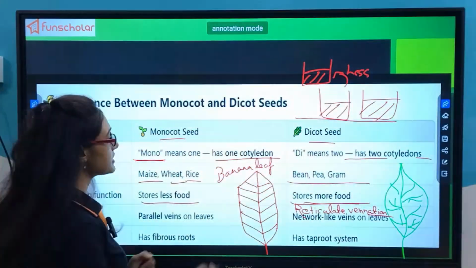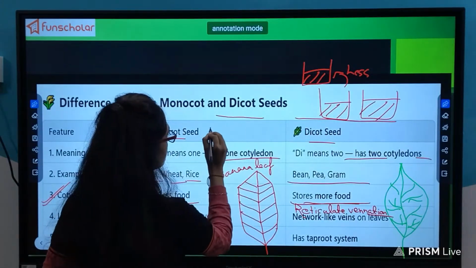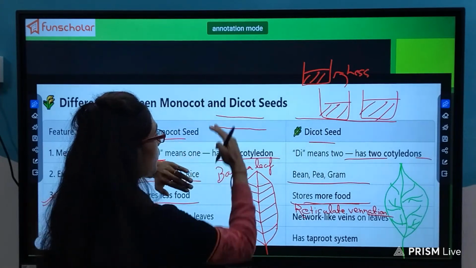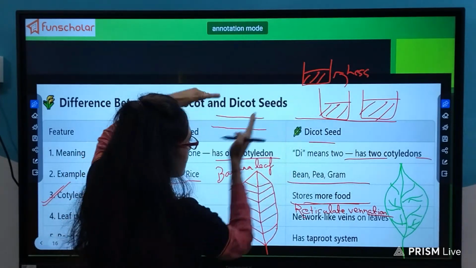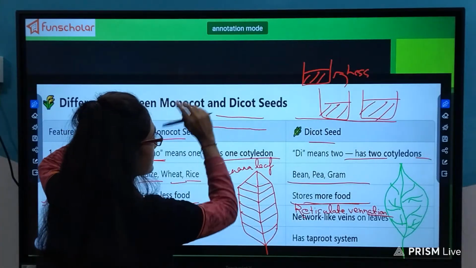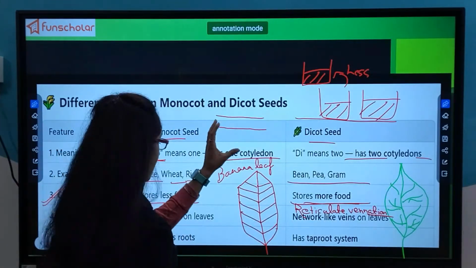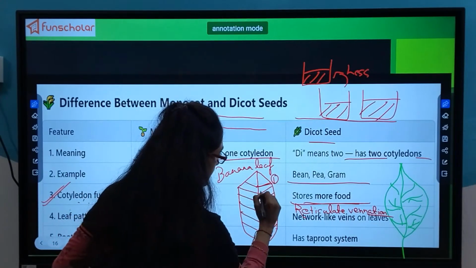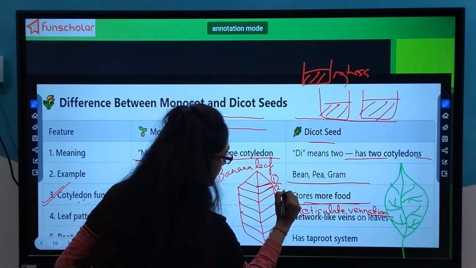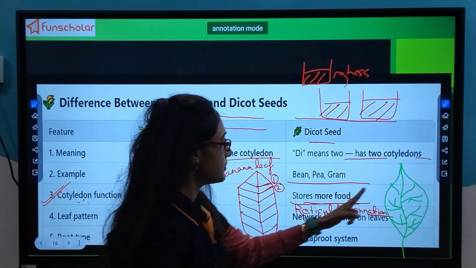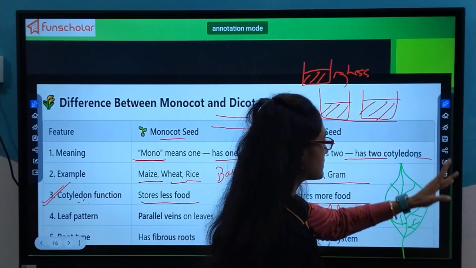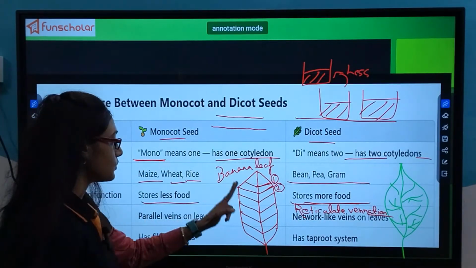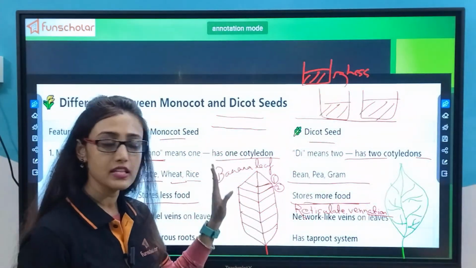What is parallel venation? When one line runs in a similar way to the previous line, or they both run in the same direction, they are known as parallel. After this vein, the second vein runs in the same way like the first one. So this type of venation is known as parallel venation.